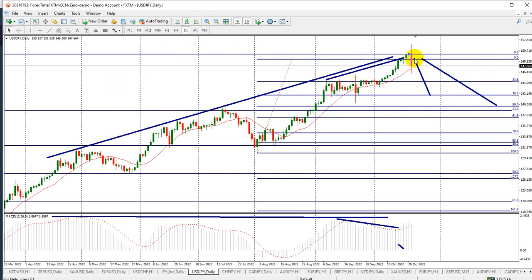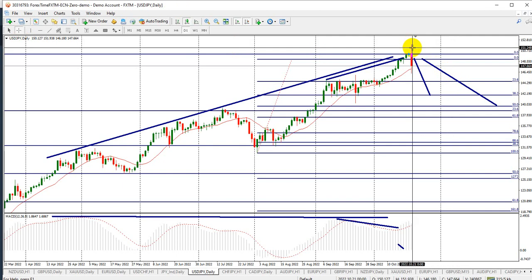We are anticipating that price will continue to go down, and we sold it last Friday, and we actually made some nice pips, over 500 pips profit was made on UJ. Let me remeasure. You can see the drop from this point to this point.